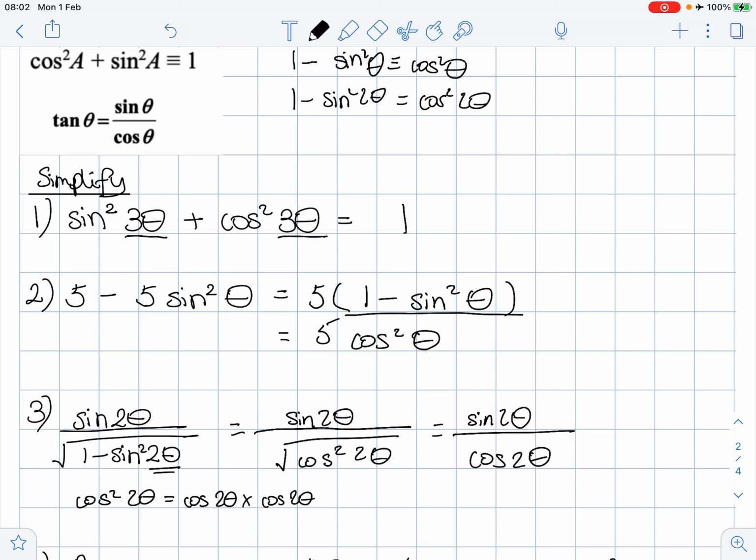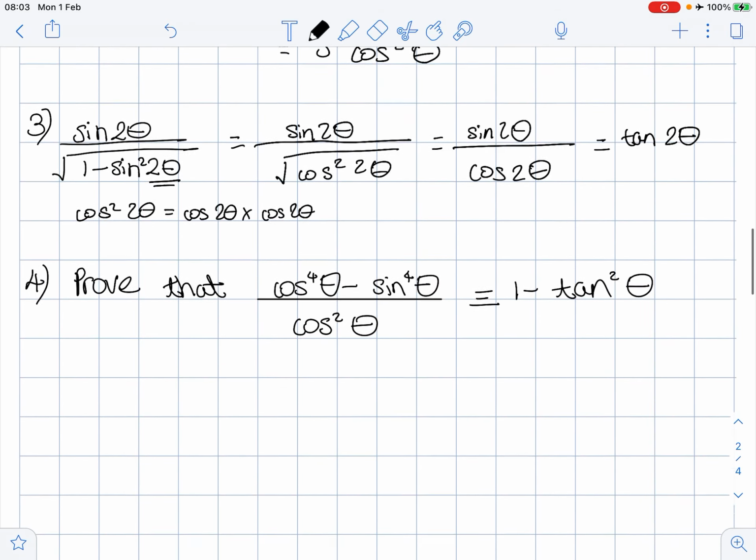And then just look back to our tan. We know tan theta is the same as sin theta divided by cos theta. So we have here sin 2 theta divided by cos 2 theta. Therefore, our final solution is tan 2 theta.